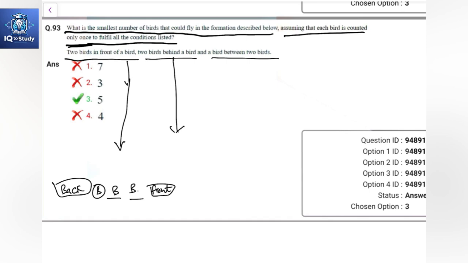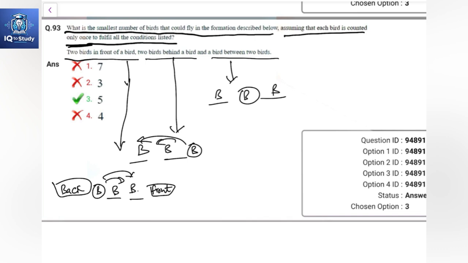Behind a bird means here are two birds behind a bird. And the third condition is given as a bird is between two birds. So a bird is between two birds.